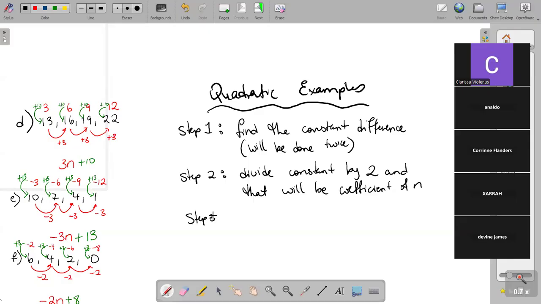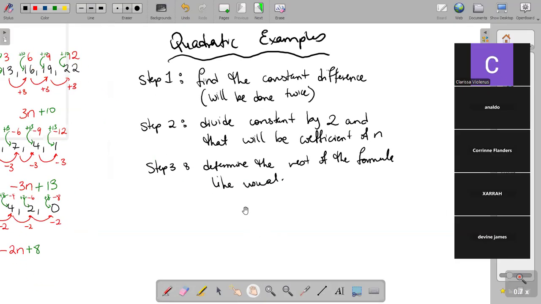Step 3, determine the... so let's make some sense out of this.